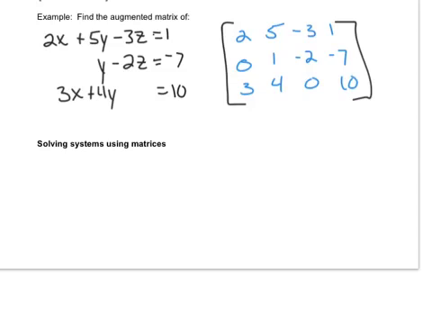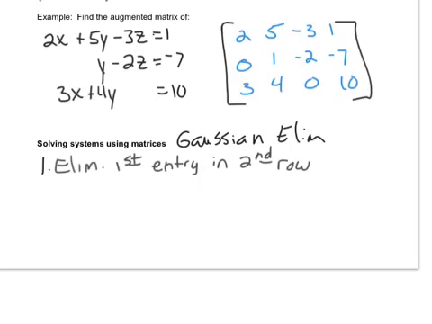I'm going to quickly review the steps for Gaussian elimination, and there are 3 of them. The first one was to eliminate the first entry in the second row. So now I'm going to use the term entry instead of the term variable. The first entry in the second row, if I were to name that term, would be A21, second row, first column.